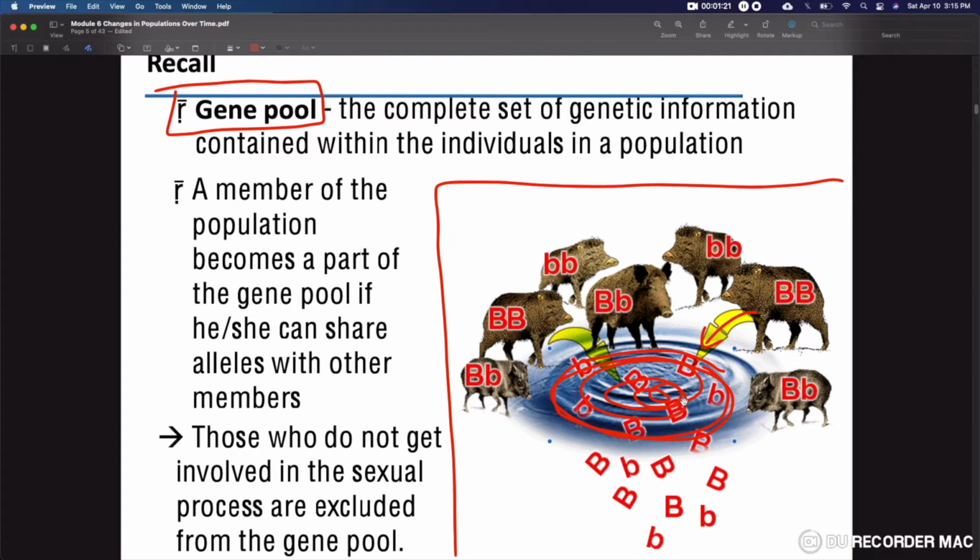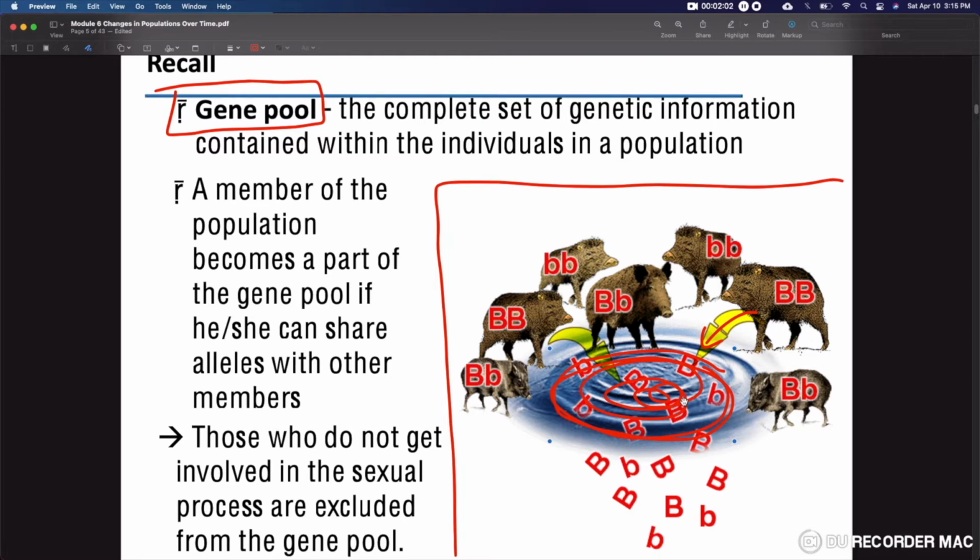You must have sex with other members of your population, with other Filipinos. Say for example, the Philippines is an isolated island, an isolated nation from the rest of the world. That's how an individual can become a member of the gene pool, through sexual intercourse. That's the only way he or she can donate or share his or her genetic information with other members.